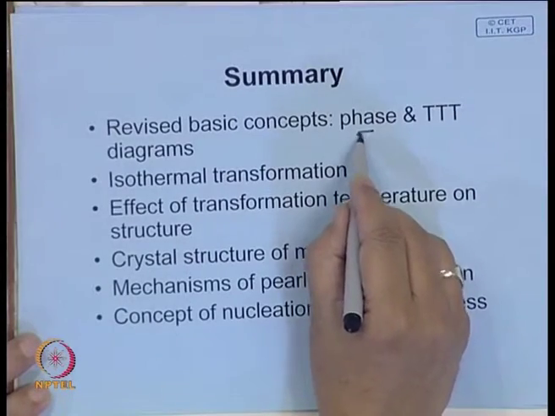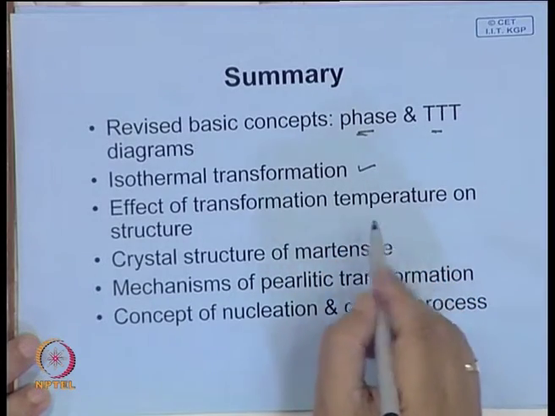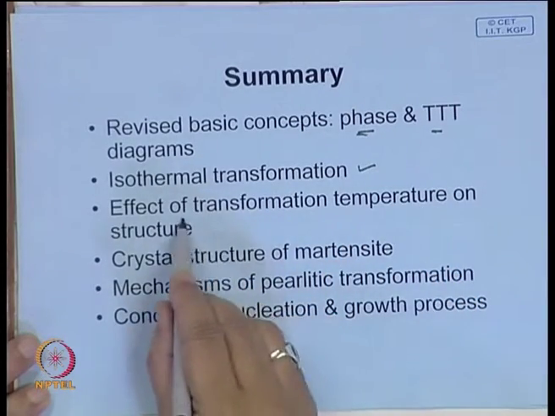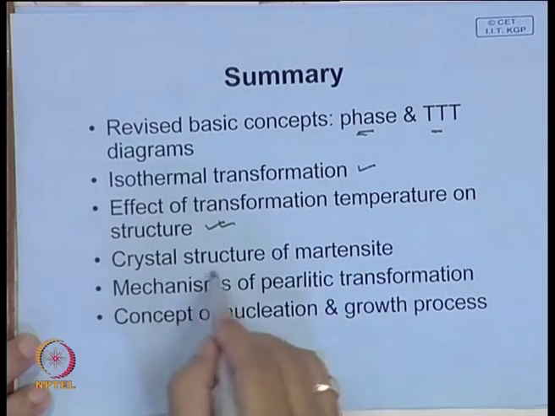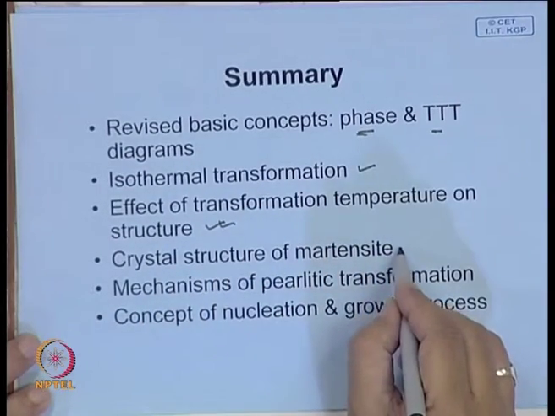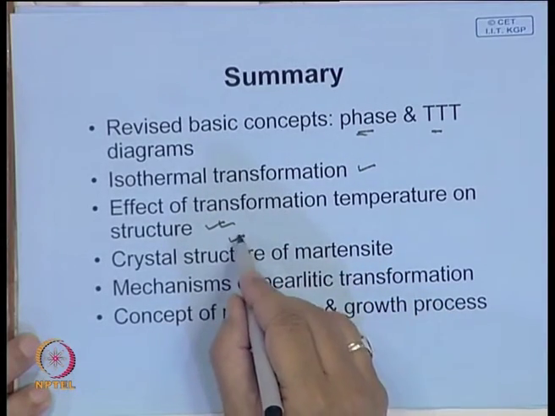So, with this we stop over here, and what we did today is we just revised some basic concepts of phase diagram and TTT diagram. We looked back at isothermal transformation, we looked at the effect of transformation temperature on the structure, and we also tried to derive what should be the nature of martensite, or what should be the crystal structure of martensite.